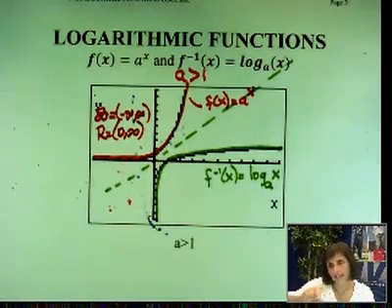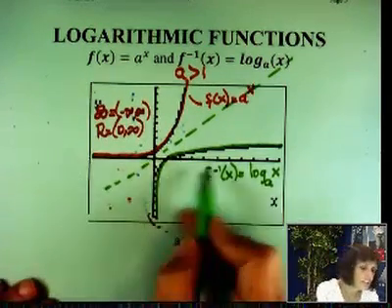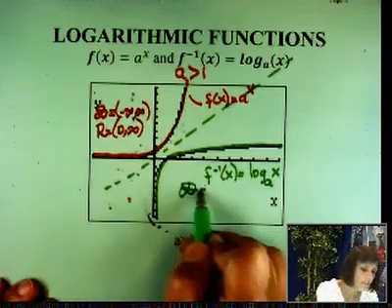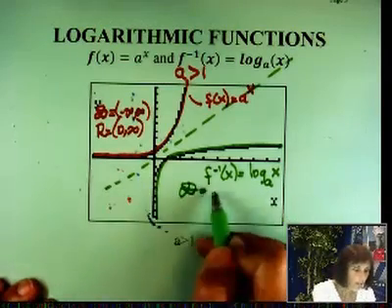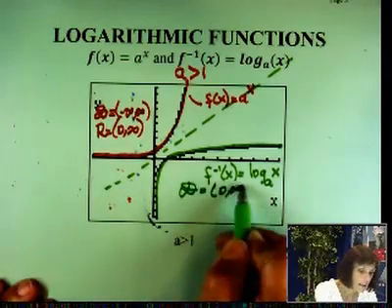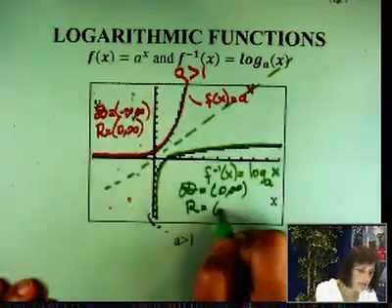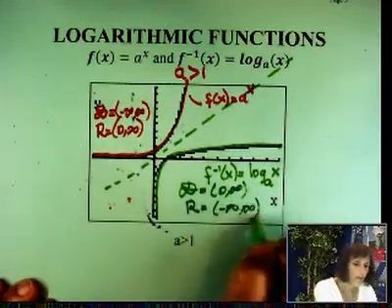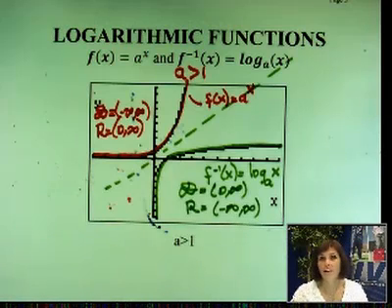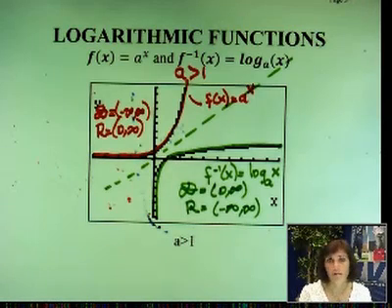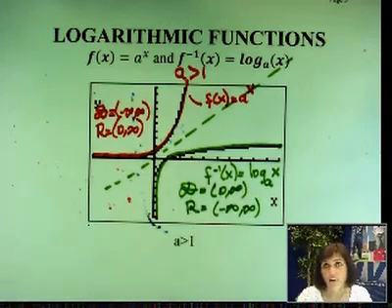And I know that x and y are interchanged. Look at this one. The domain of the inverse is going to be the positive side. And the range is going to go from all the way negative to positive. What does that tell you? You cannot take the logarithm of a negative number. And you cannot take the logarithm of a 0. Okay?